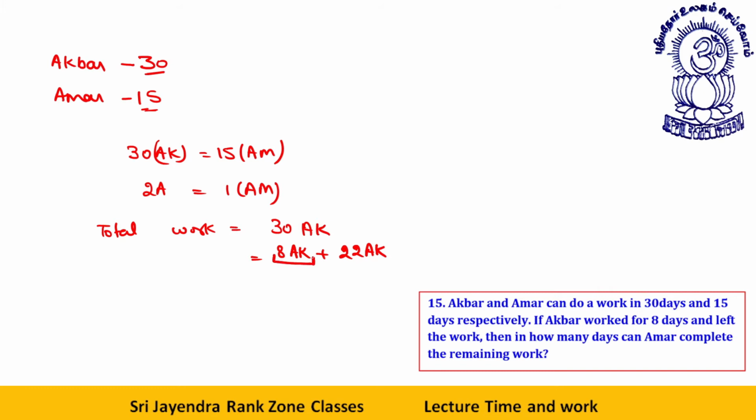Now this 8 Akbar has been done. How much work is remaining? 22 days of Akbar or 11 days of Amar. So the remaining work will be finished by Amar in 11 days. This is your answer: 11 days of Amar.